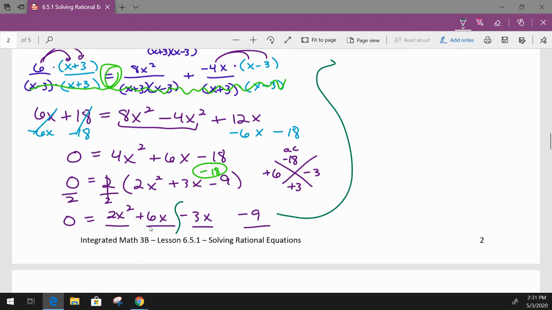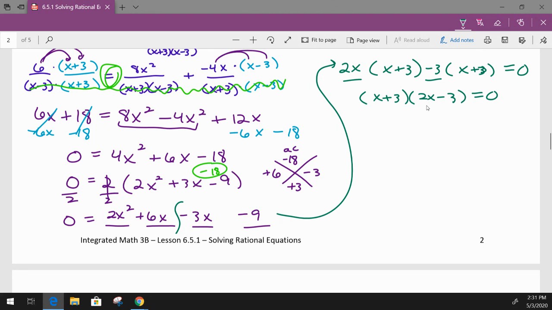I'm going to rewrite this over here. Factor out a 2x from the first 2 terms, which will give you x plus 3 remaining. Factor out a negative 3 from your 3rd and 4th term, which again gives you the x plus 3 remaining equals 0. Factor out the x plus 3, and then you have your 2x minus 3 in parentheses.